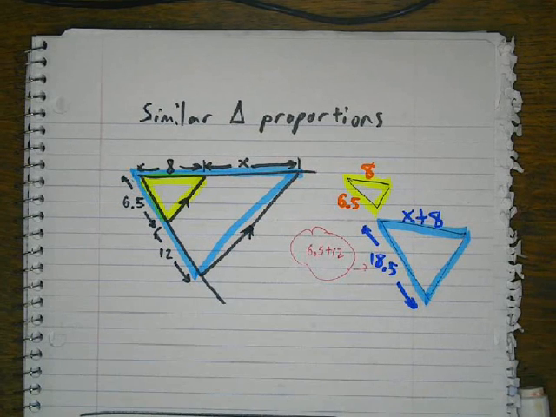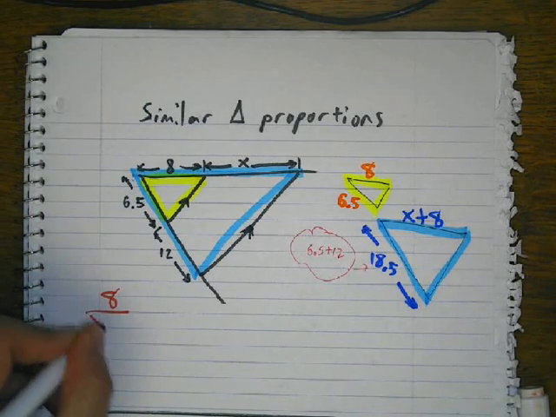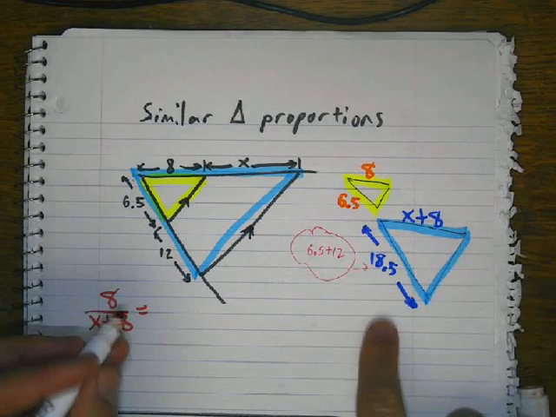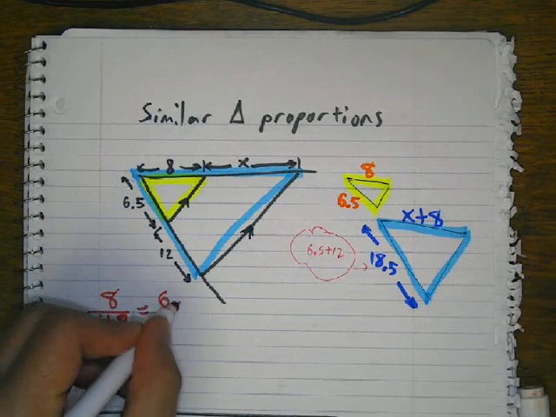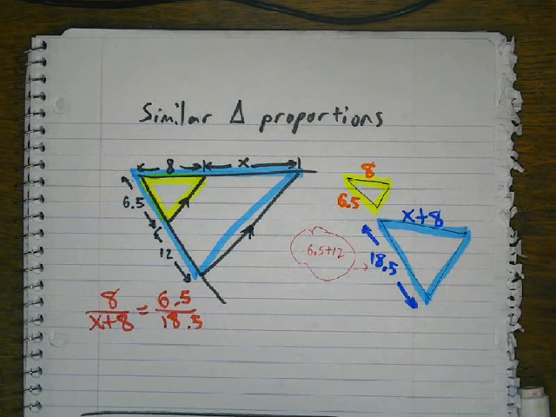Okay, so now let's set up our ratios. So we've got 8 over x plus 8 equals 6.5 over 18.5. All right?